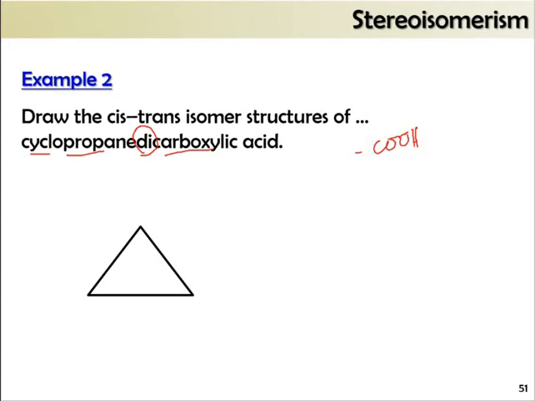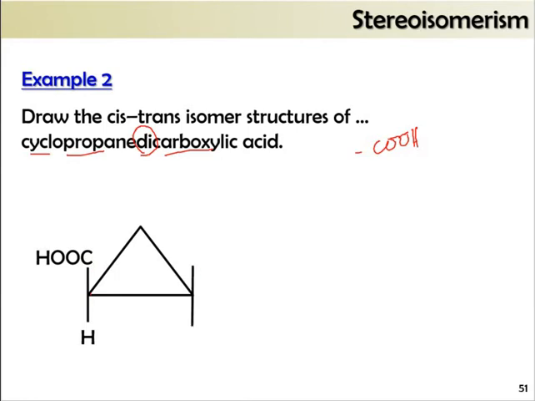Here it does not number where the carboxyl groups are, because here we have only 3 carbon, so just put them anywhere, it is the same. So we have to draw a straight line like this. And make sure that the bond here is bonded from the carbon of the cyclic compound to the carbon in the carboxyl group.